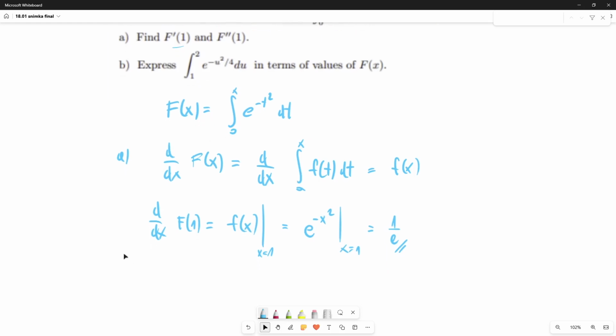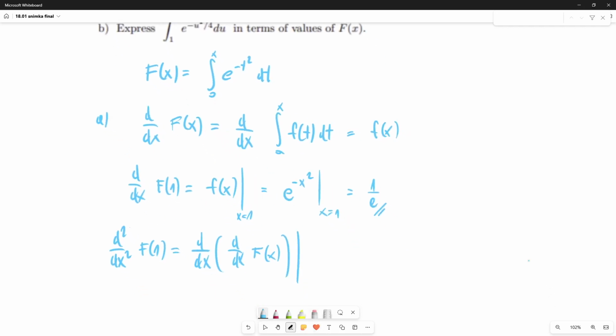Now we need to find the second derivative of F at 1. We will use the first derivative that we've already found, and we'll plug in x equal to 1 after we get the expression.